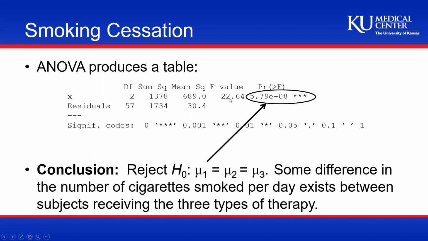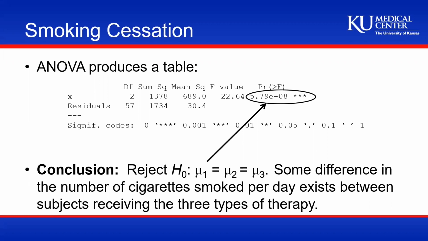For the T, if the T is negative 7.5, we already said that means the observed effect is 7.5 standard deviations below the effect that we would expect to get if the null hypothesis was true. The 22.64, this is a ratio, right? So what we're saying is the variation between groups is 22.5 times as large as the variation within groups.